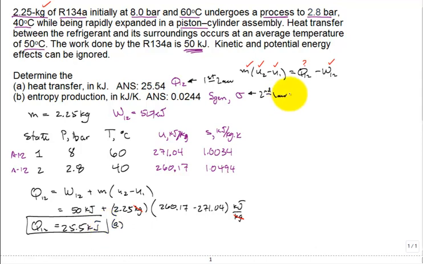Okay, so now we're going to use the second law to get the answer for part B. What does it look like? Well, the change in the entropy can go up by having a heat transfer that brings with it across the boundary of the system an entropy. Because of the wording that the heat transfer between the refrigerant and the surroundings occurs at an average temperature of 50 degrees C, what they're really telling us is that TB is 50 degrees C. It's our boundary temperature.